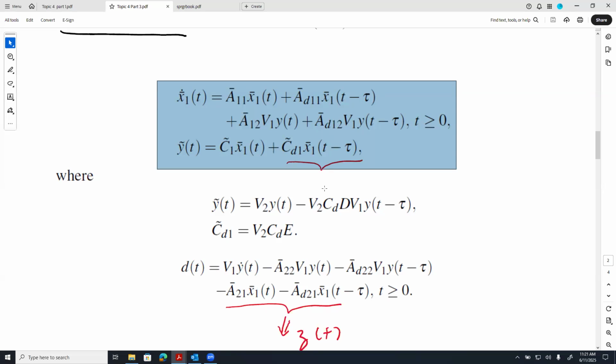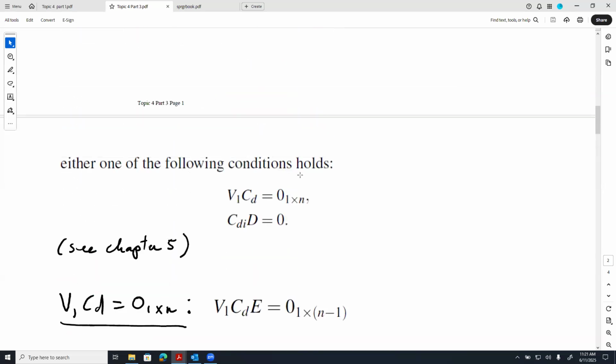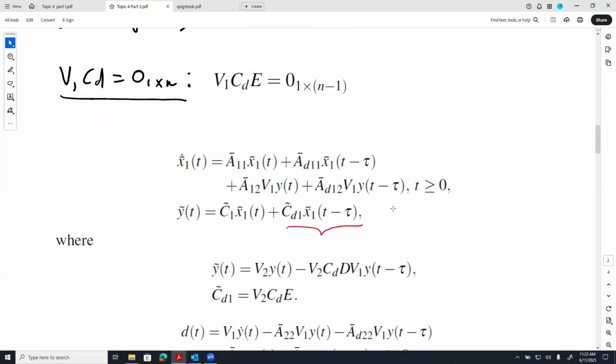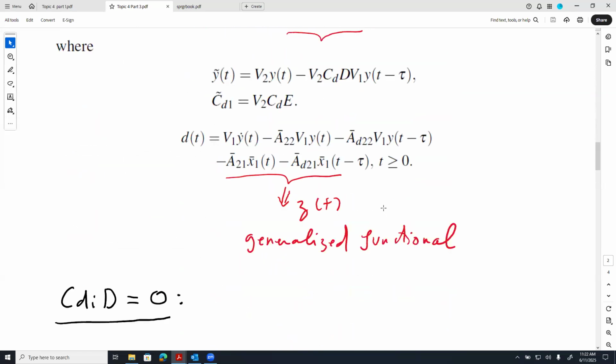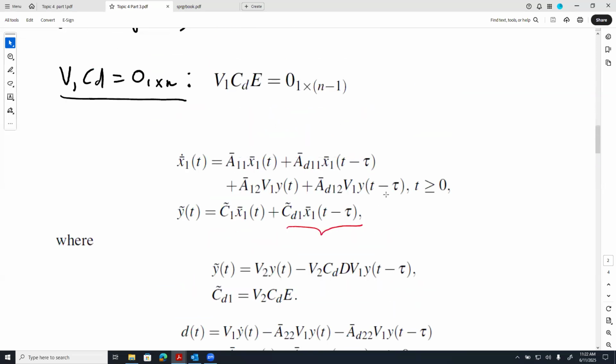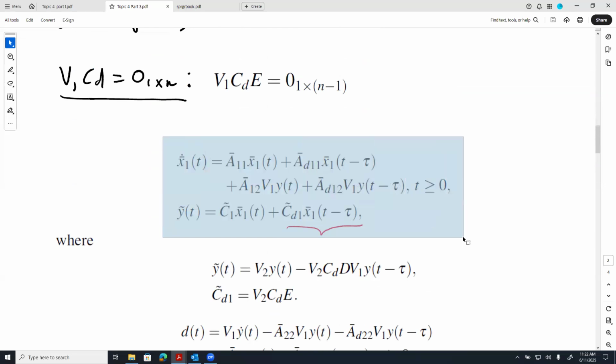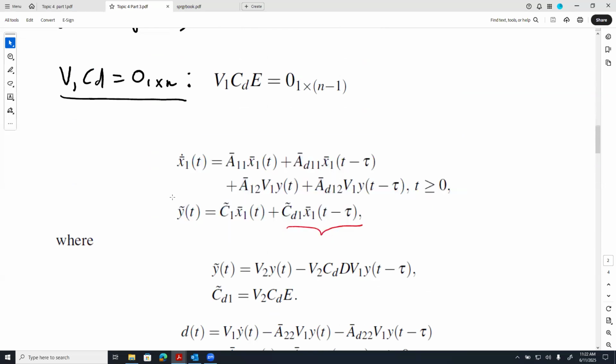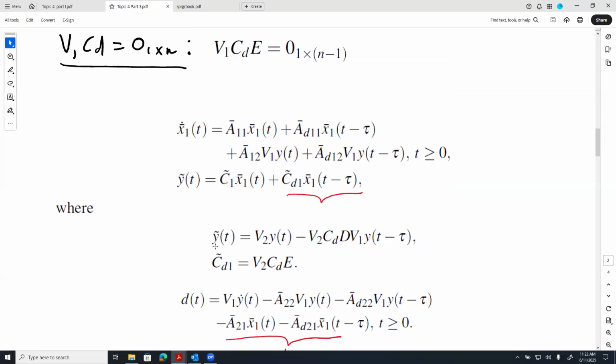All right, so that's the first condition. This first condition gives us a similar time delay system compared to the other condition, which we're going to show later on. But when you look at this, you still have a time delay system with a delay term in the output measurement. And this output measurement vector is also of dimension p minus 1.